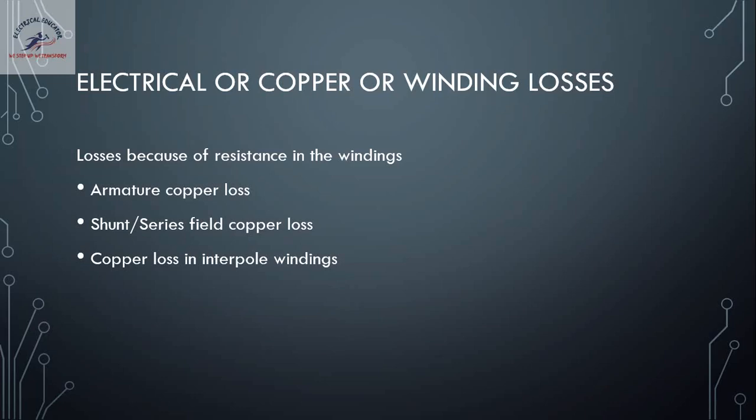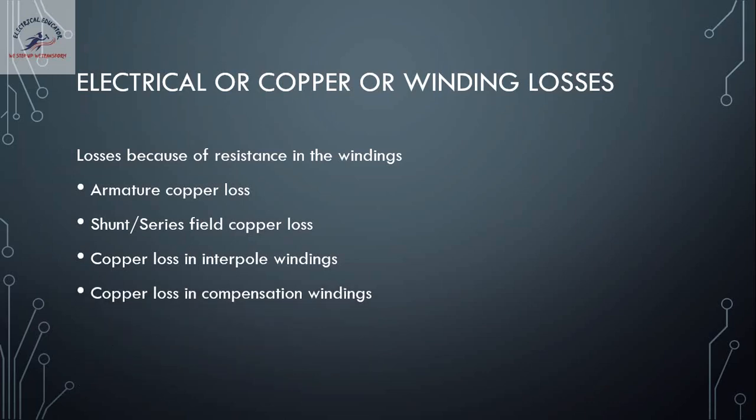So to compensate for that armature reaction, interpoles are used. These interpoles give the additional flux which is lost because of armature reaction, and there are windings in these interpoles which are in series with the armature. Since there are windings, copper loss occurs in larger machines; it is not present in smaller machines.